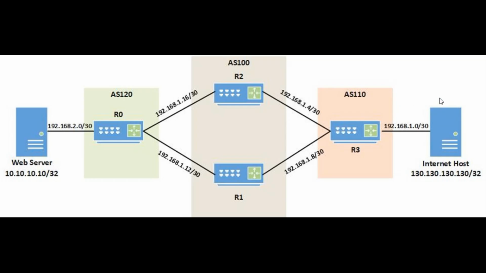We're going to show you the routing decisions made from the internet host through to the web server, and it'll be in AS100 that we'll see the changes taking place between R1 and R2 when we export the MEDs to R3 to influence that routing decision into AS100.